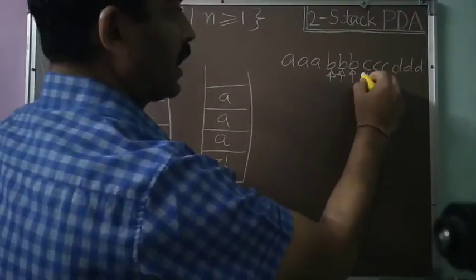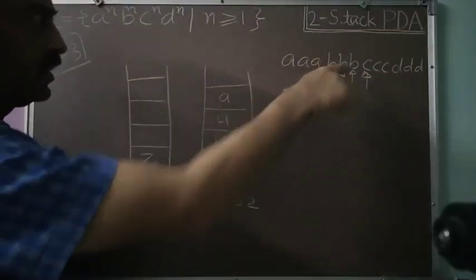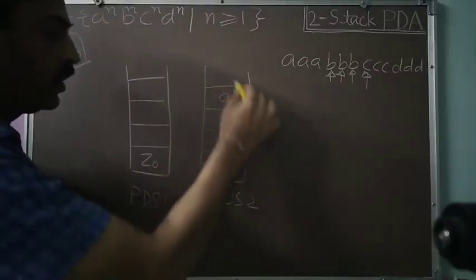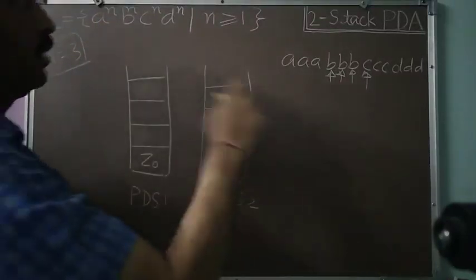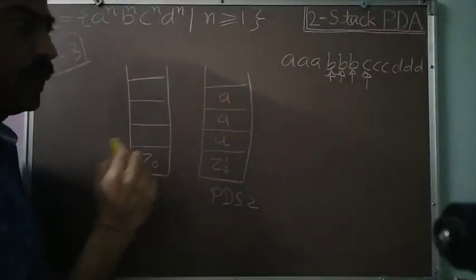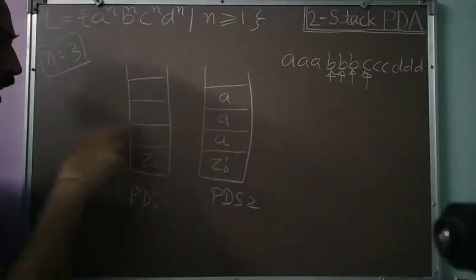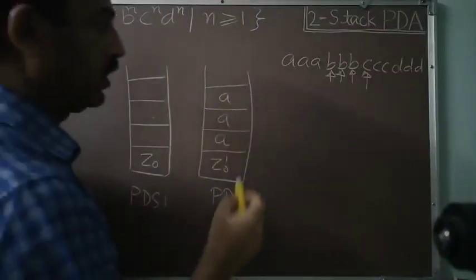So when I start getting C's, this time I will match these C's with the A's present on the PDS 2. Again, because I have to match one more quantity, corresponding to each C, I will remove an A from here and add an A to the PDS 1. So start doing this.